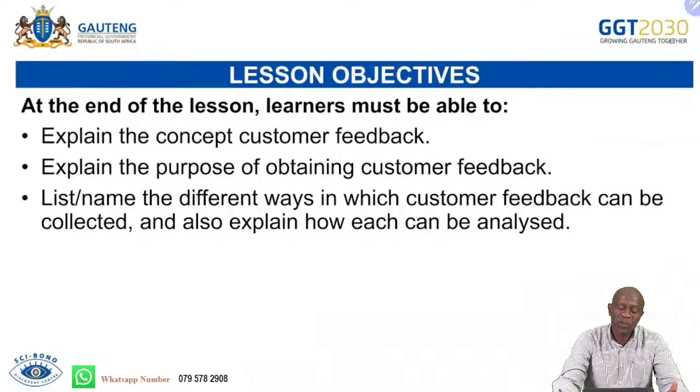You should be able to list and name the different ways in which customer feedback can be collected or can be obtained, and also be in a position to explain how each can be analyzed.